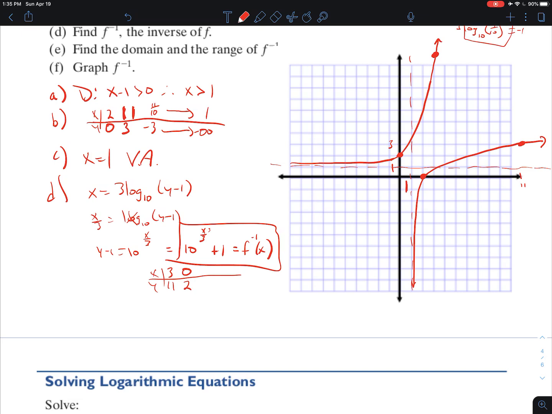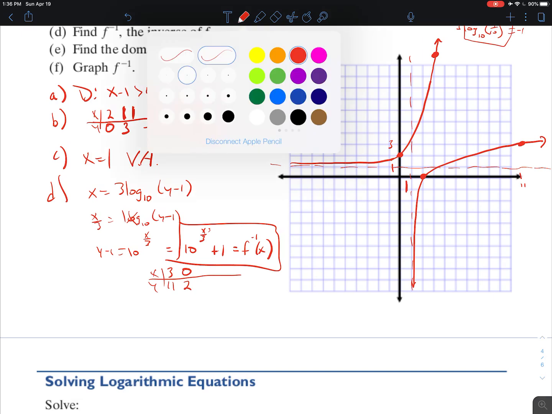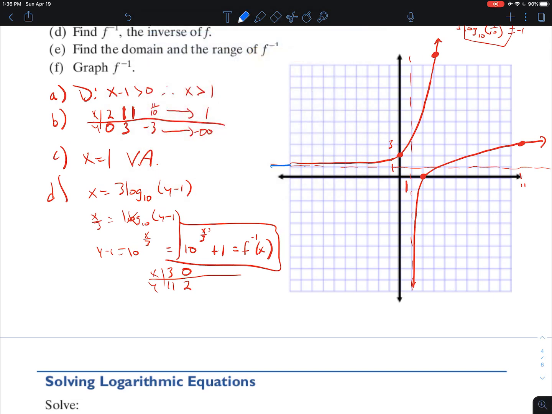And really I should have done all this in another color. Let's try that. A little more deliberate here. I want the red graph to go with the red asymptote and the blue graph to go with the blue asymptote, just so you don't get confused. There we go.